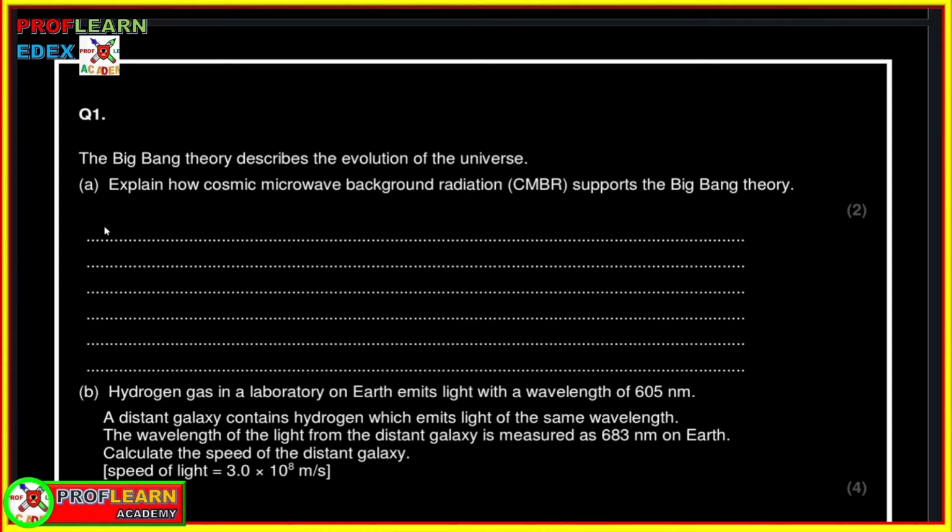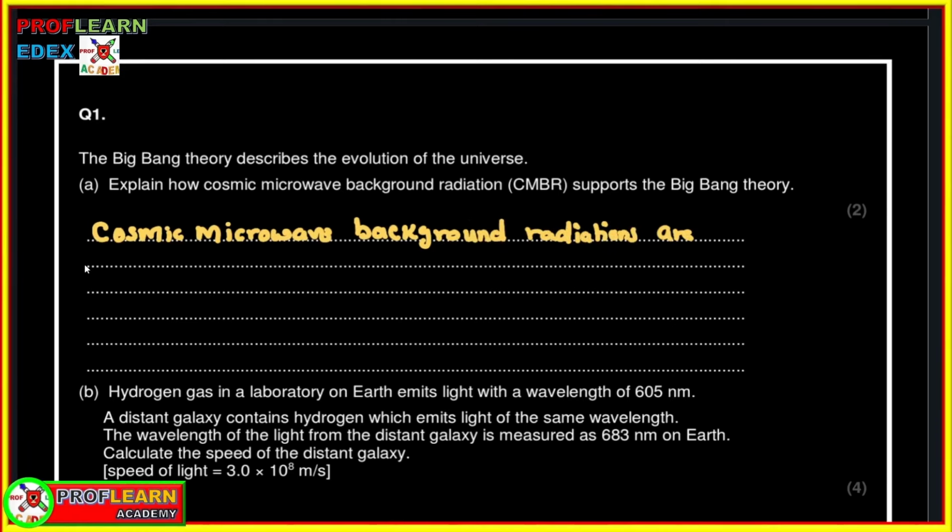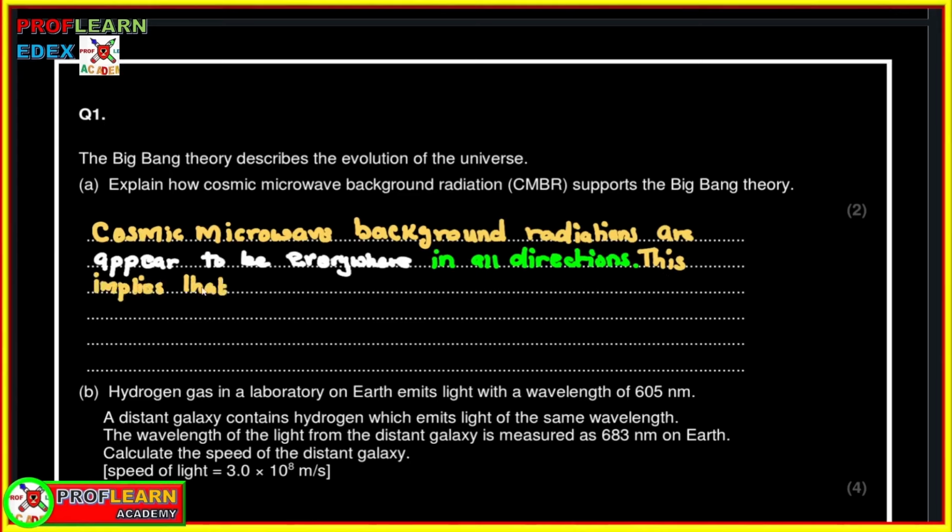But in this question, you are supposed to explain how CMBR supports Big Bang Theory. We need to remember that cosmic microwave background radiation is observed to be everywhere on Earth, and it is spreading in all directions. So this indicates that the universe at one point might have been on one single point.